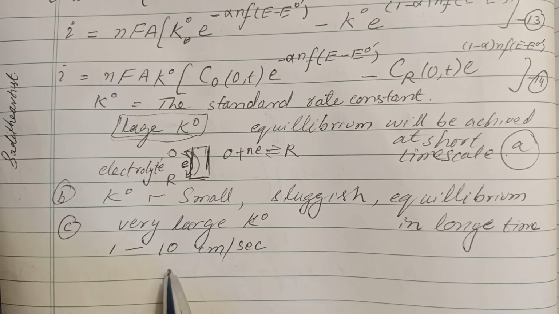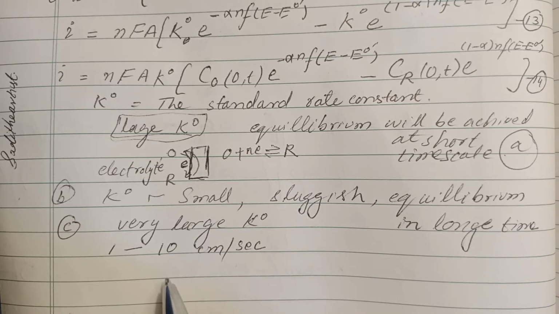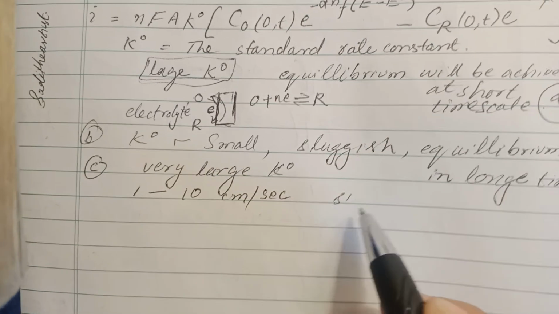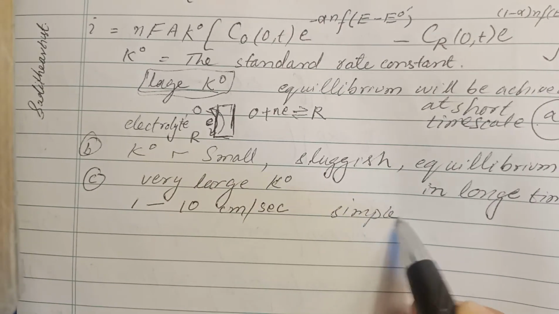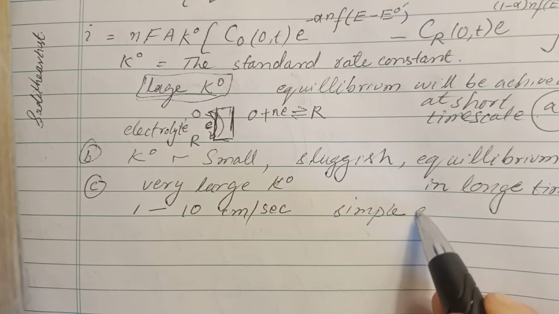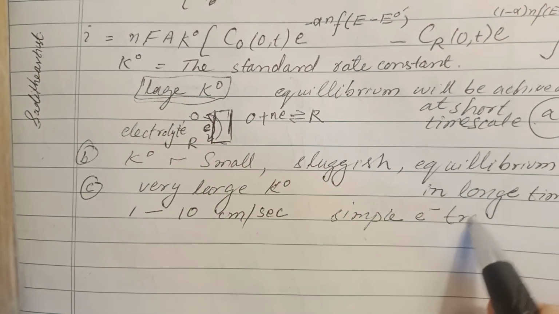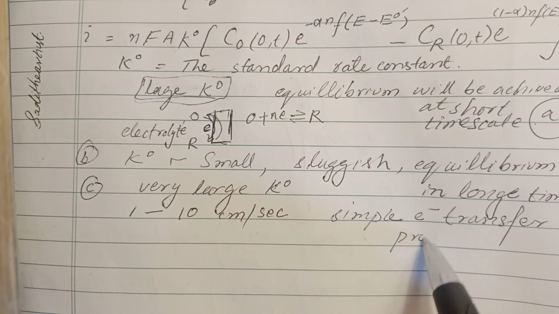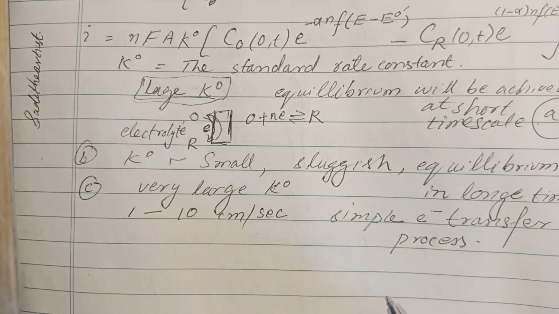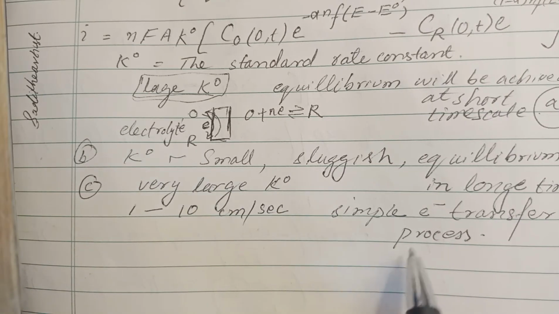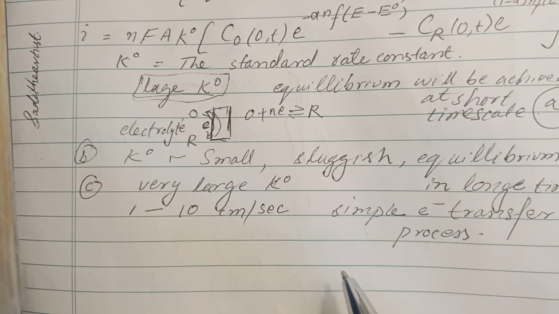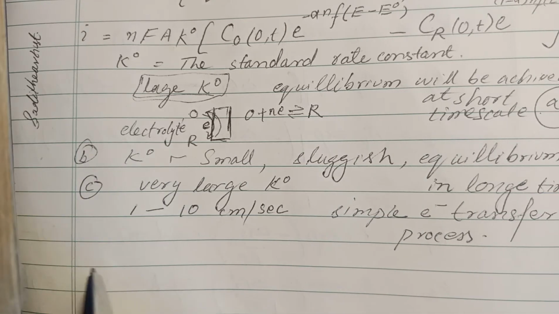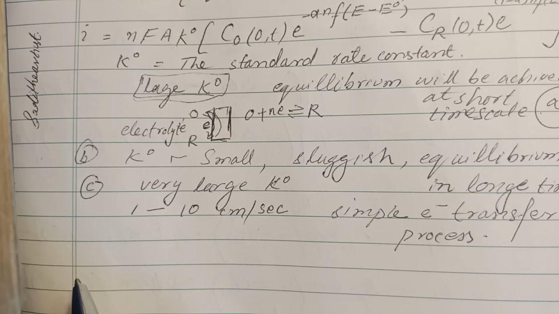These largest measured rate constants are associated with simple electron transfer processes. It means that the simpler the electron transfer, the larger is the value of the rate constant.